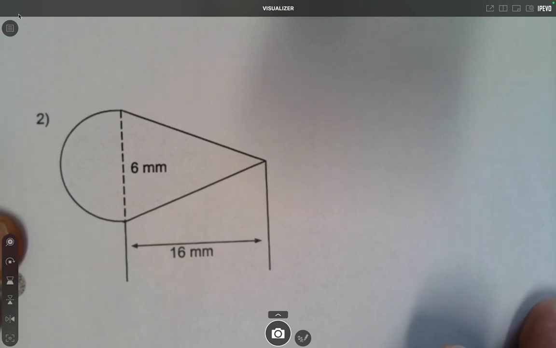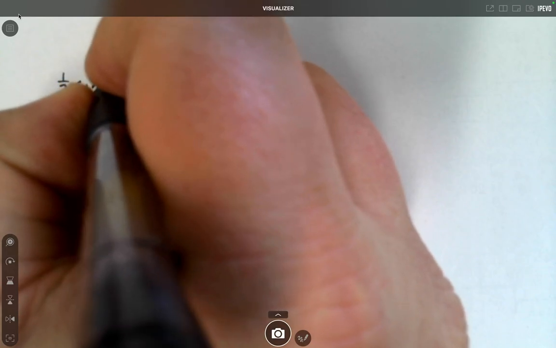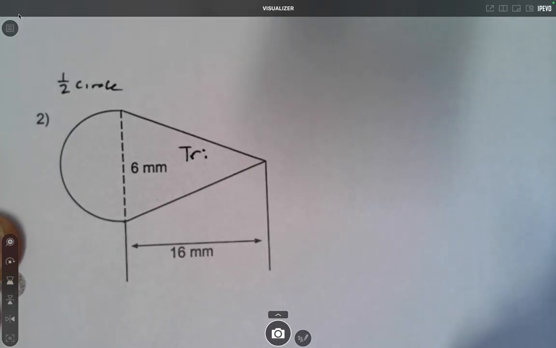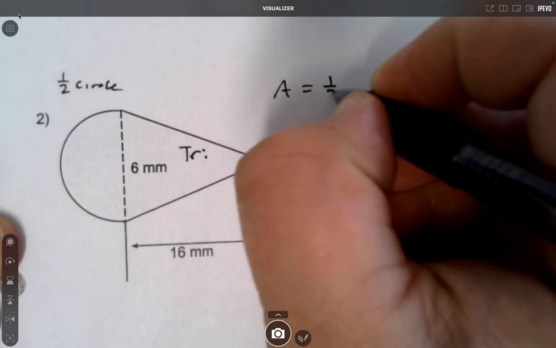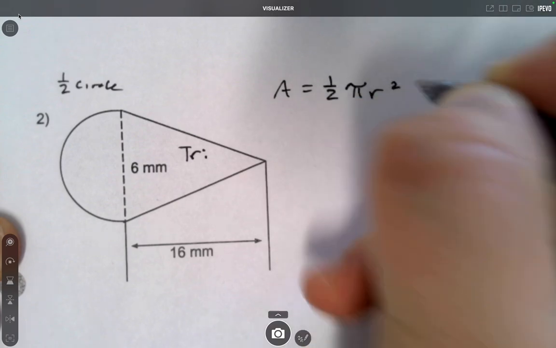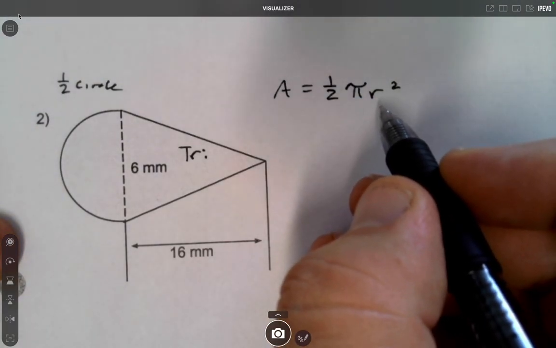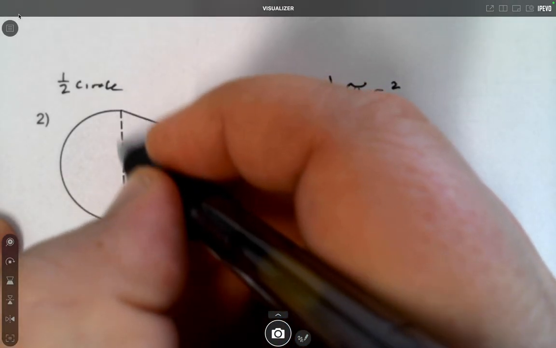Okay, number 2. We have a half circle and a triangle. So for the half circle, the formula would be half times pi r squared. The only dimension we need for the half circle is its radius. Well, right here, this would represent the diameter of the circle.